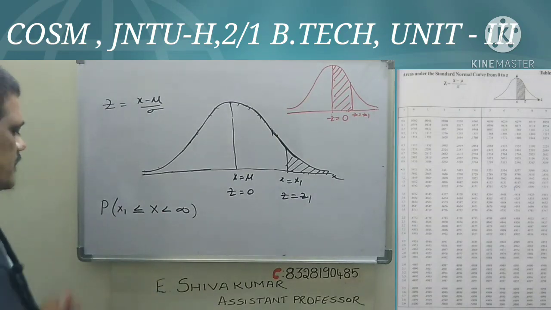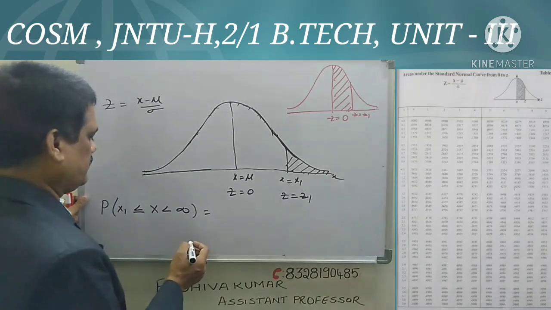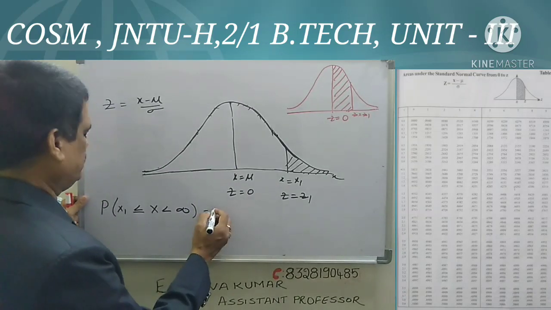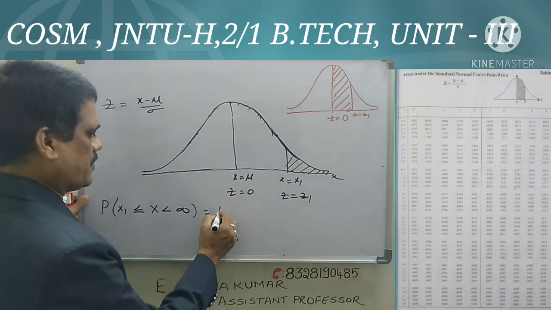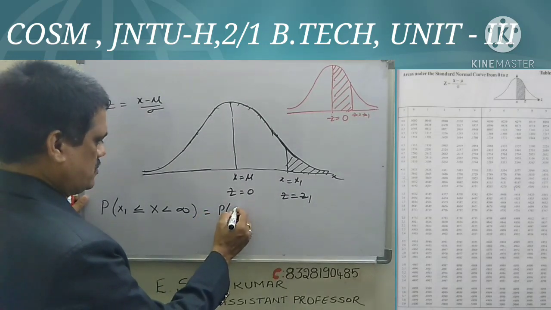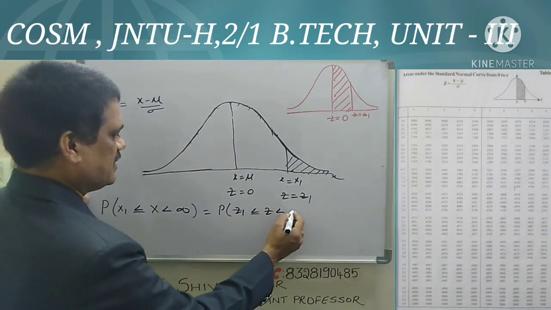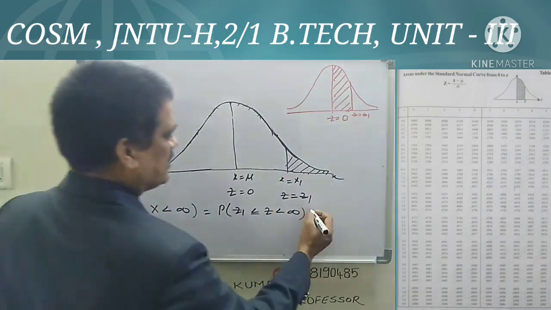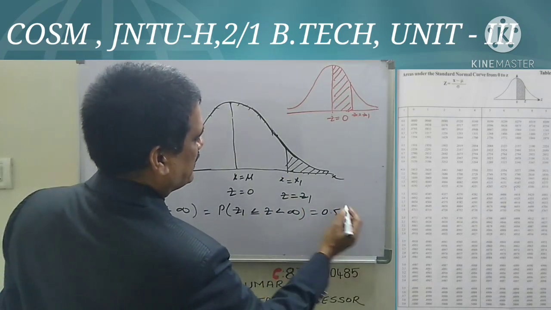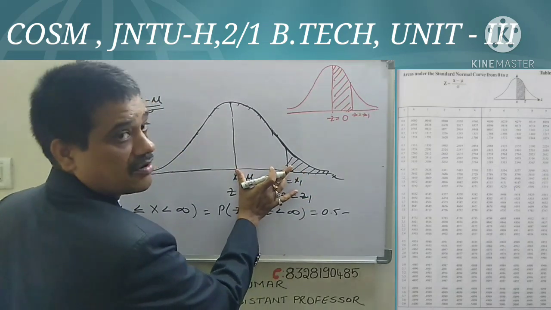This is equal to the probability of z1 less than or equal to z less than infinity. That is nothing but 0.5 minus the area from z equals 0 to z equals z1, since the total area is 0.5 and we are removing this area.